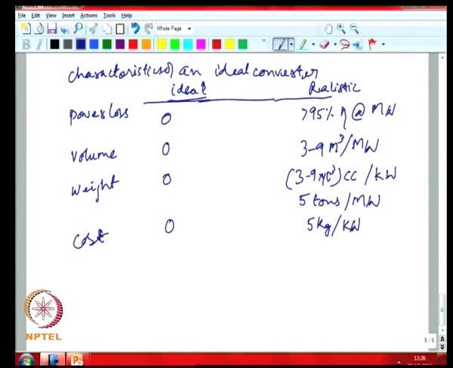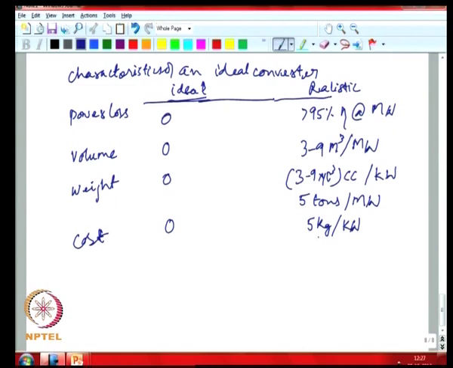You might have applications where it is like some consumer goods which is being mass produced, so the cost might be lower, or it might be some custom made product for space application or some strategic military type of application where the cost might be higher, but we are talking about something typical for a megawatt range commercial type of system.